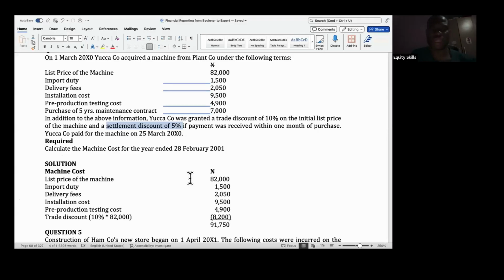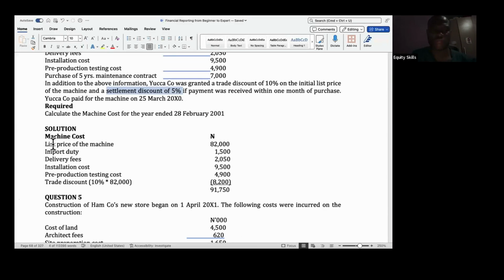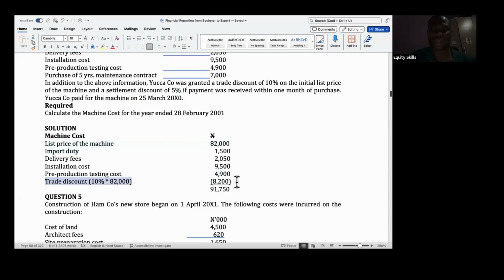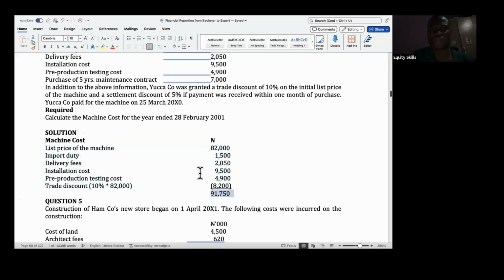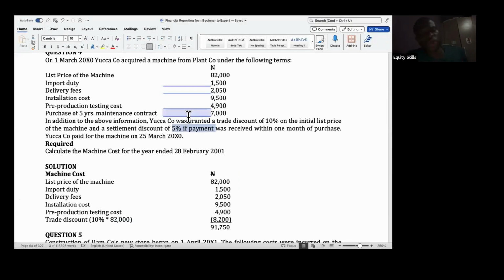So that's the solution to this question. As you can see, the trade discount is the only item that we removed, 10% of 82,000. So when you cumulate everything, it gives you 91,750. This 5% will be ignored. Any questions?